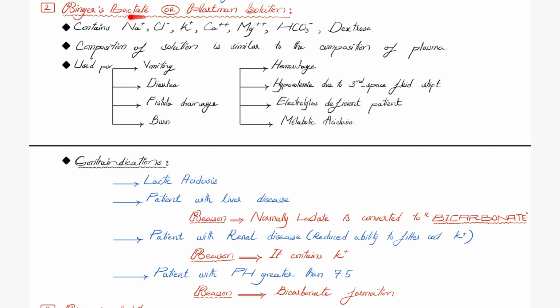Ringer's lactate, also called Hartmann solution, contains sodium, chloride, potassium, calcium, magnesium, and bicarbonate ions. Along with that, it has lactate. The composition of the solution is similar to the composition of plasma, so it is used for vomiting, diarrhea, fistula drainage, burns, hemorrhage, hypovolemia due to third space fluid shift like massive ascites, electrolyte-deficient patients, and metabolic acidosis.